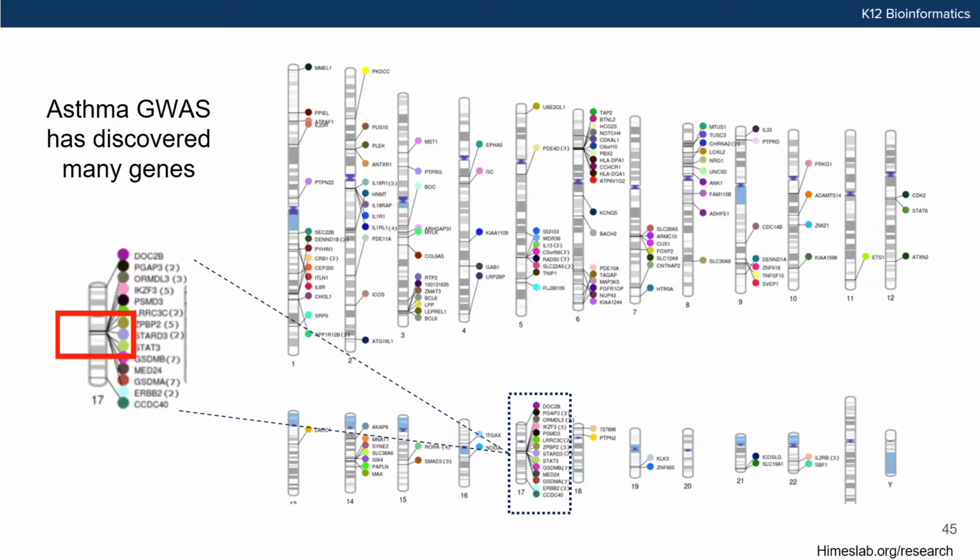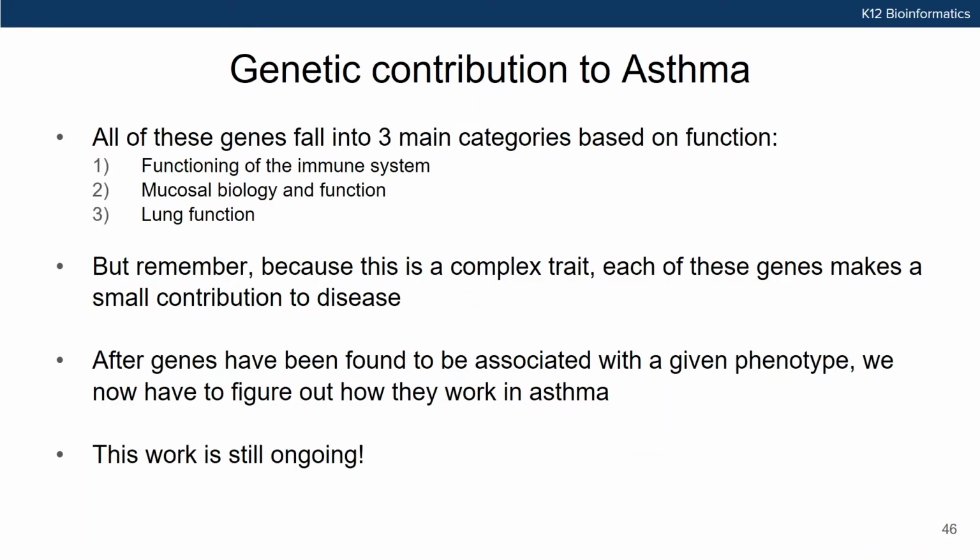Now, our next goal is to determine what these genes actually do and how they might be functioning in asthma. When we take a closer look at the function of these specific genes on chromosome 17, all of them fall into three main functional categories.